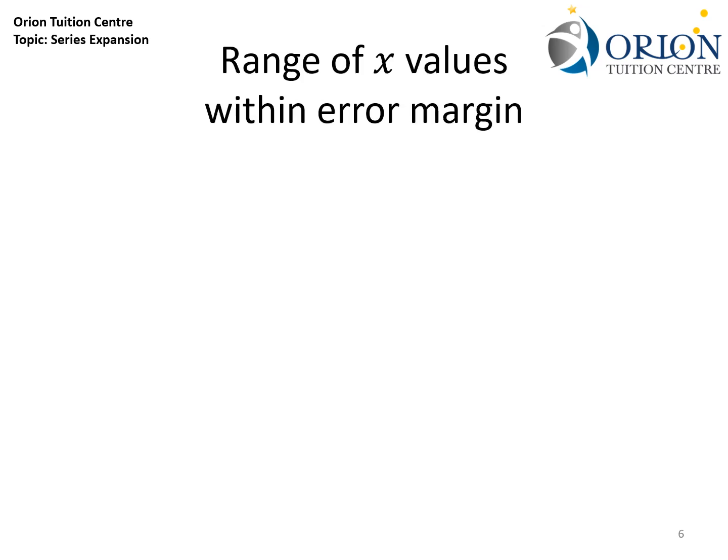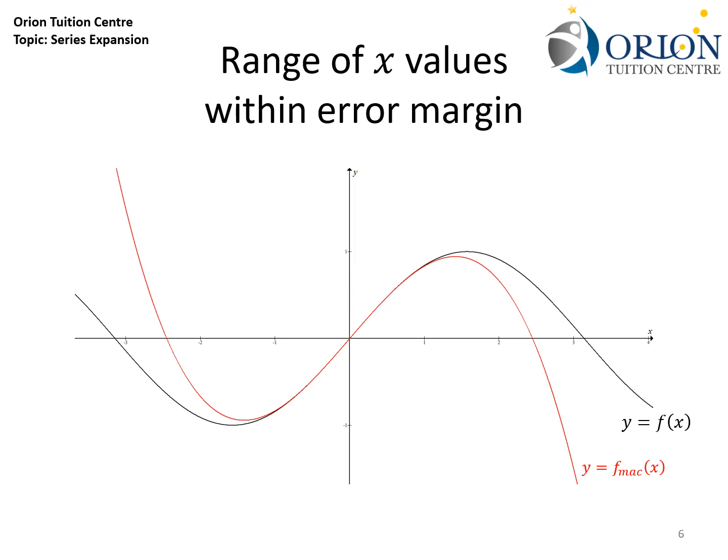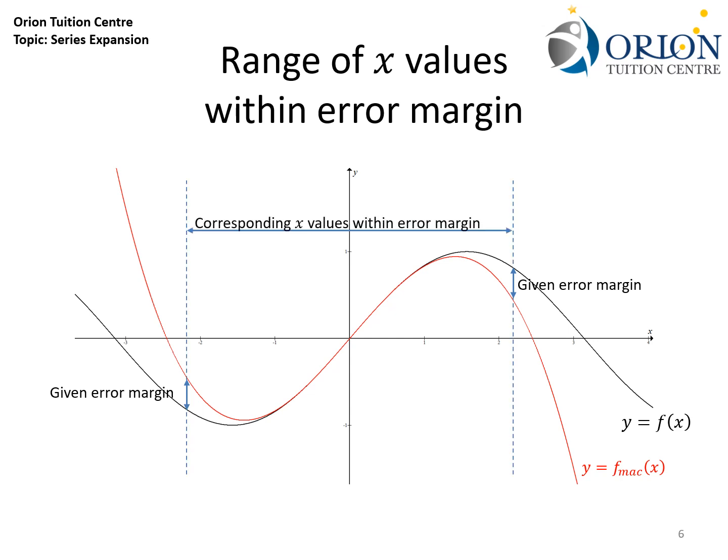Next, another common question type is, since we know that the Maclaurin series is just an approximation of the actual curve, there will be errors as we move away from x equals 0. And the error can be specified to be maybe 5% or 10% of the original value, and we are required to find out what are the corresponding x values such that the Maclaurin expansion is within the acceptable error margin.